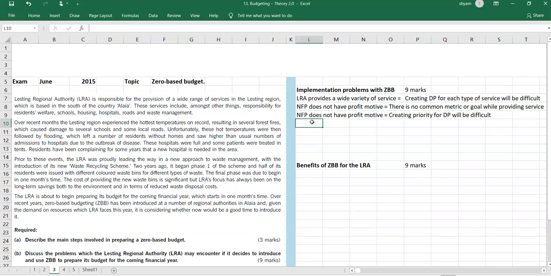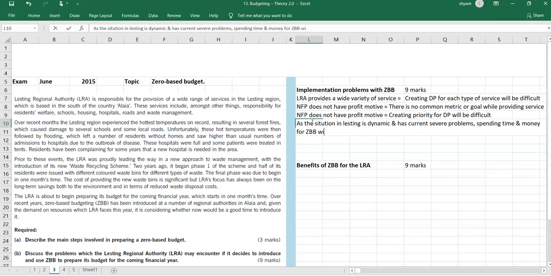So again, what is the problem for ZBB? As the situation in listing is dynamic and has current severe problems, spending time and money for ZBB will not be welcome by regional people.